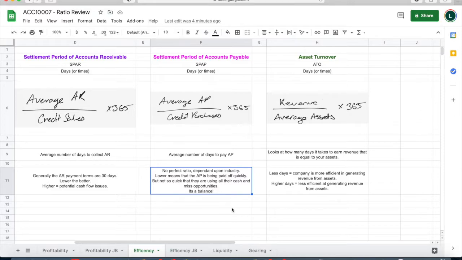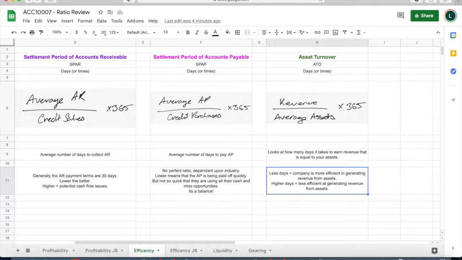So cash flow is super important in determining when we actually pay our bills. We obviously want to pay within those terms, but it might be better to pay at the end of that time frame. Say our terms were 30 days, we pay those bills at the end of the 30 days, just to keep cash reserves in case of any opportunities or anything else we have to be liable for in that period of time.